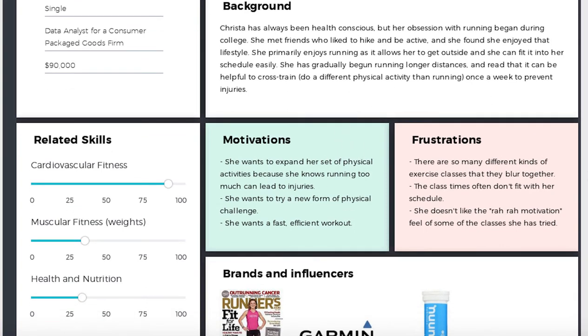Moving down to the motivation section, let's make a distinction between motivations and goals. Motivations operate in the landscape of consciousness, the why in the consumer's mind, and the goals operate in the landscape of action. What is it that the consumer wants to achieve? So the motivations here describe what is the consumer thinking, what does she want, and why. This is pre-decision.